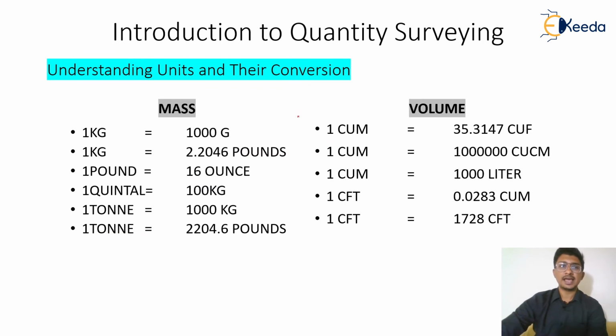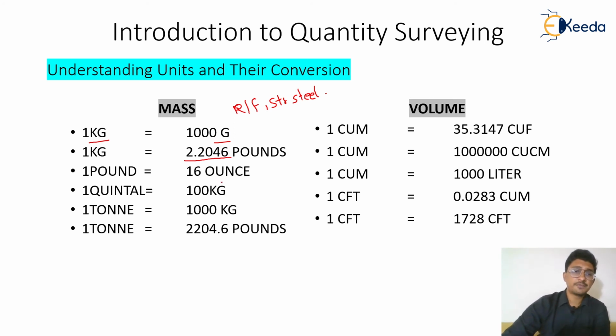Now the next one we have is mass calculation, wherein we calculate mass most of the time for the reinforcement, then steel, structural steel. For this we are going to use the mass quantity calculation. So we know that 1 kg is equal to 1000 grams, 1 kg is also equal to 2.2046 pounds.